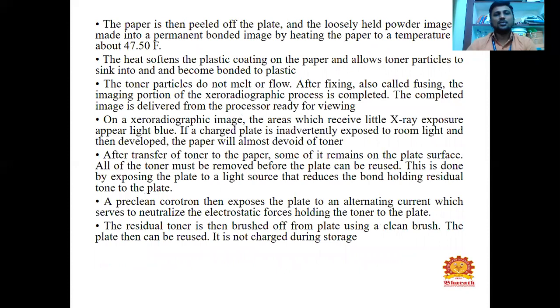The paper is peeled off the plate and the loosely held powder image is made into a permanent bonded image by heating to the proper temperature, about 47.50 Fahrenheit. The heat softens the plastic coating on the paper and allows toner particles to sink into and bond to the plastic. The toner particles do not melt or flow after fixing, also called fusing.